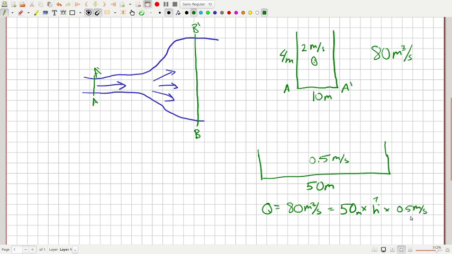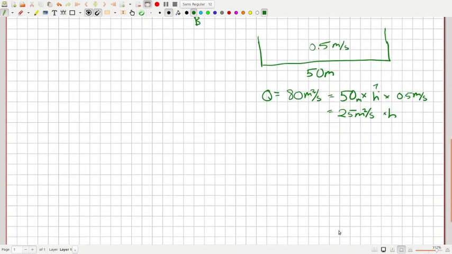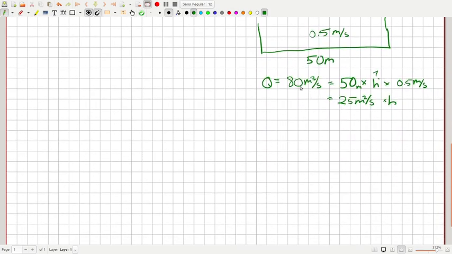So 50 times 0.5 is 25 meters squared per second, times h. If I bring this 25 meters squared per second over to the left-hand side, I have 80 over 25, which is approximately, to first order, 3 meters. And so what that means is that we have a flow that is 3 meters high.